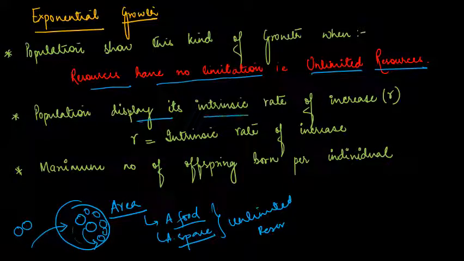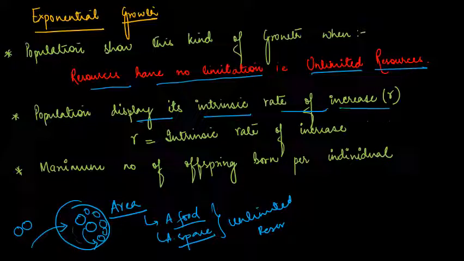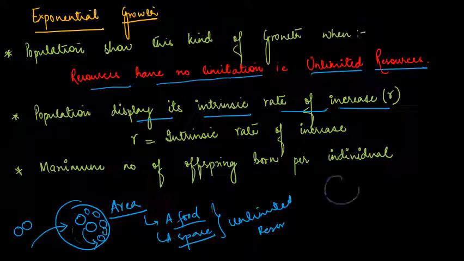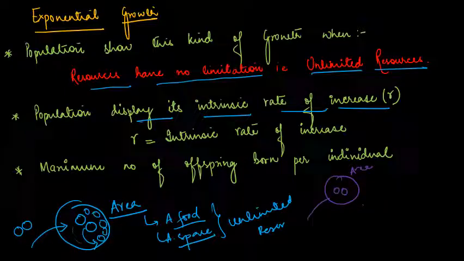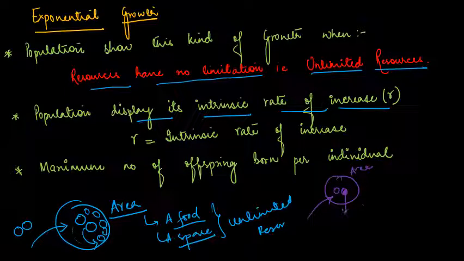Population displays its intrinsic rate of increase. Intrinsic rate of increase means what? Suppose this is an area, right? So here what is happening? Two individuals entered, so they have utilized the abundant food and resources. Now what will they do? Suppose the maximum capacity of this organism to give birth is 1000, right?